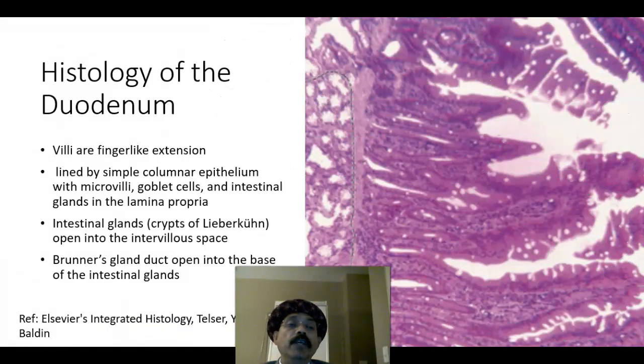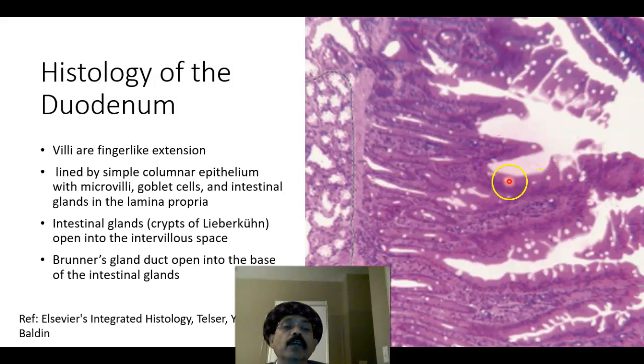Now we will look at the structure of the villi, which are lined by simple columnar epithelium. We also have a lot of goblet cells and other cells here. We have other types of cells, and here I am seeing the light stained area. These are the goblet cells, or mucus secreting cells.